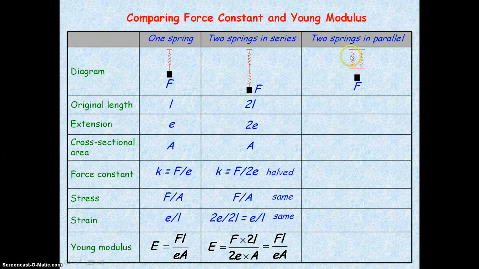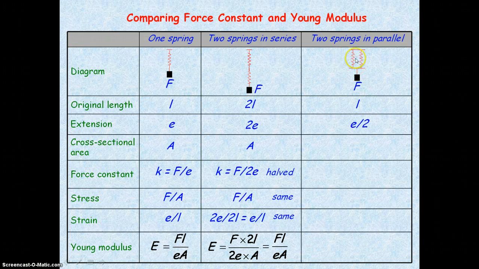We're now going to consider two springs, again similar to the springs we had here, but now connected in parallel, and we've got the same force F being applied to them. In this case, the original length of these springs is L. The extension is now going to be half of the original extension, because each spring is taking half of the force.